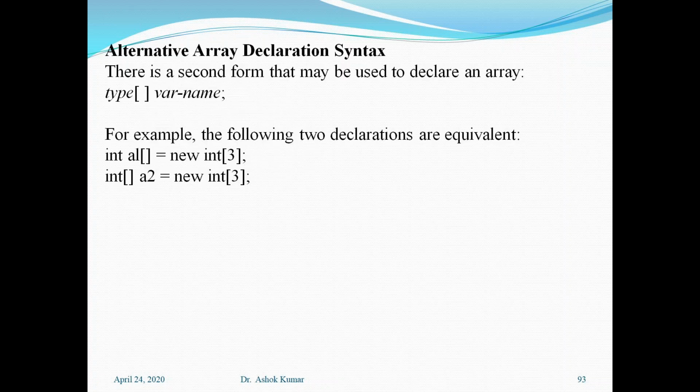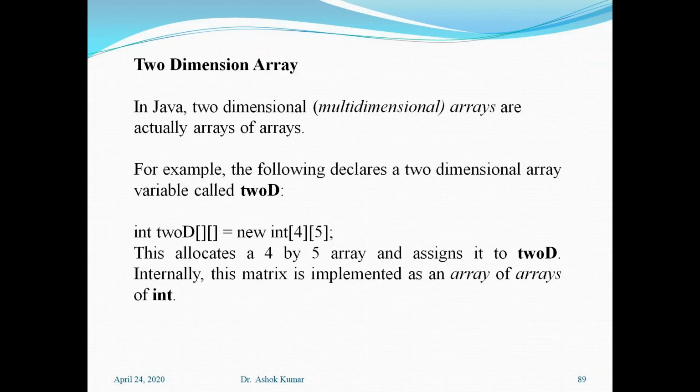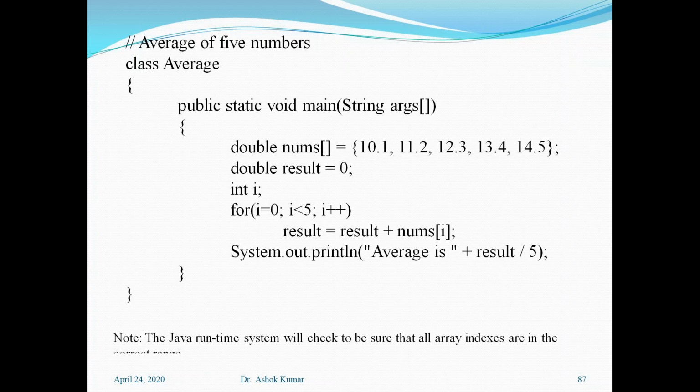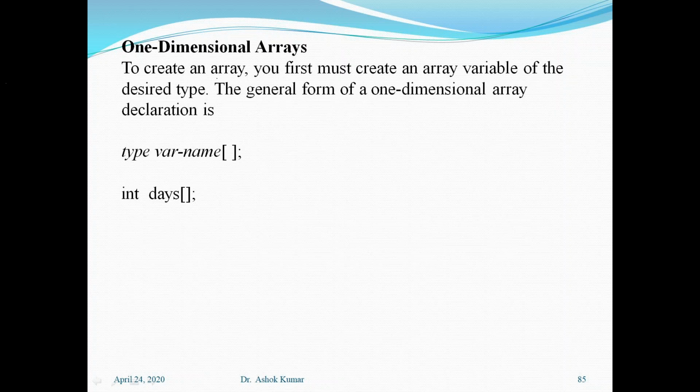Then comes the alternate way of allocating the memory for the array. This is the one way we discussed earlier, when we discussed the one-dimensional array creation. Let me repeat that, then we will discuss the second method. So this was the declaration that we discussed.